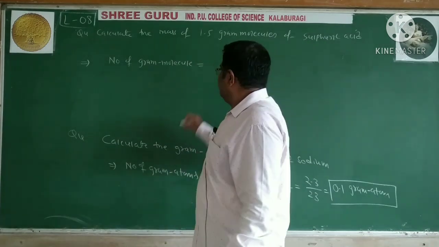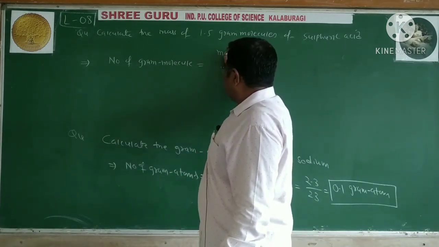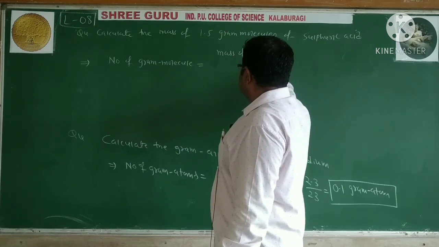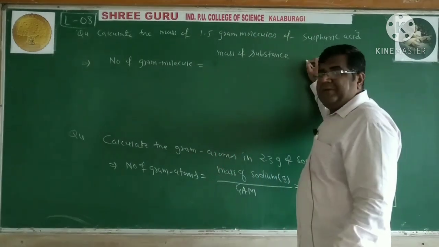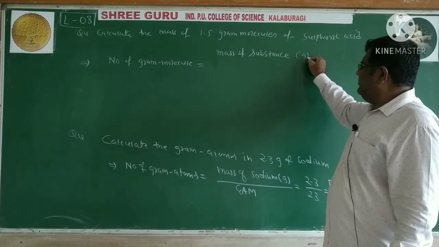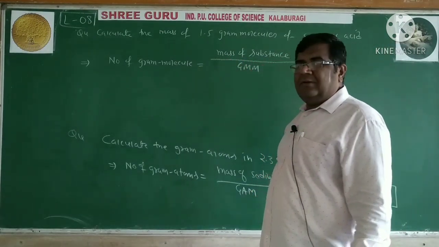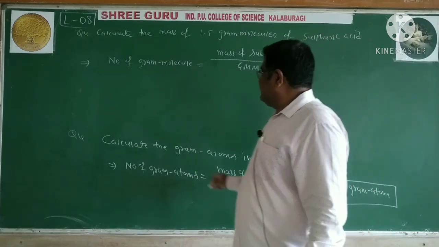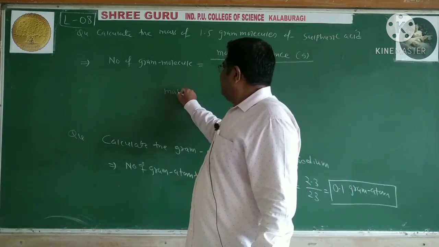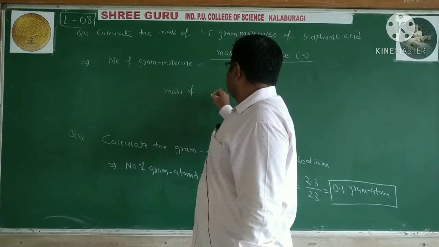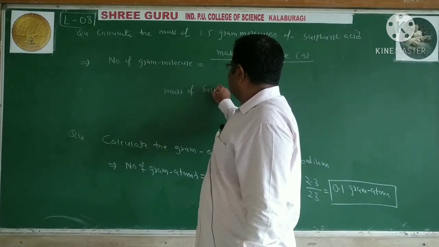is equal to mass of substance, it may be element or compound, in gram, divided by gram molecular mass. Here, in case of substance, it is sulfuric acid.